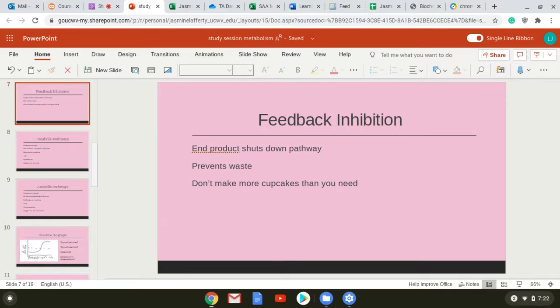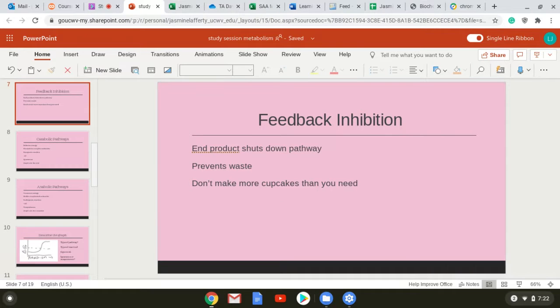All right, now let's do feedback inhibition. So on my exit ticket, at least, a lot of people were confused by this, and that is perfectly okay because this is kind of complicated until you think about it and really understand what it's saying. So all this is saying is it prevents waste.